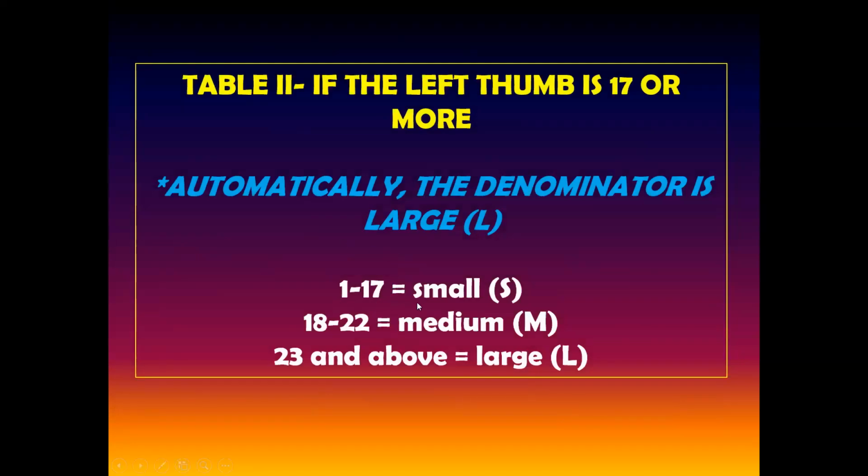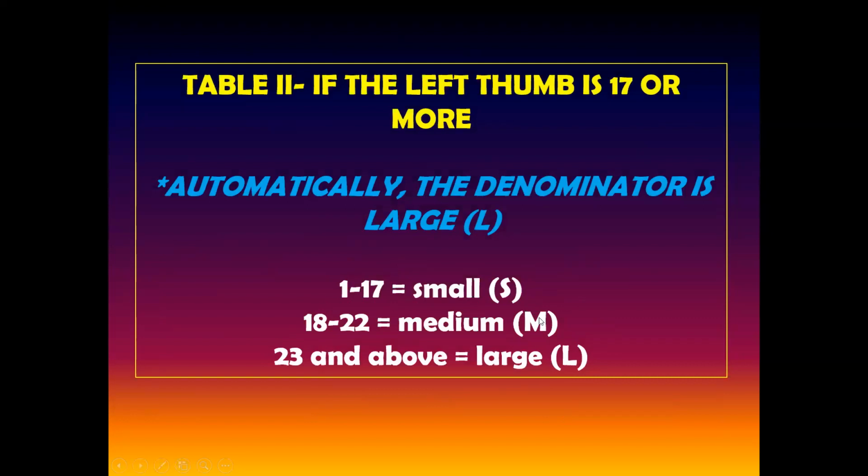So 1 to 17 for small, 18 to 22 medium, and 23 and above large. Okay, still giving them the corresponding symbol of small, medium, and large. Nagbabago po ito, gentlemen and ladies, depending on the symbol for the left thumb.